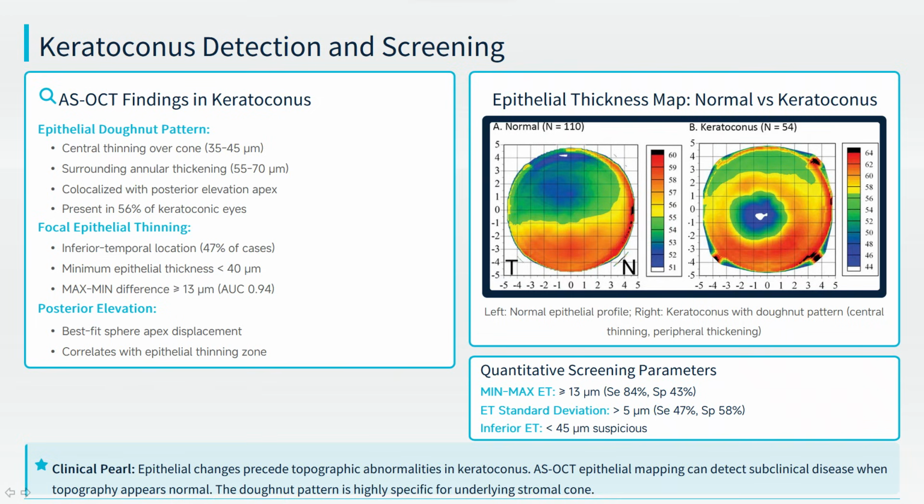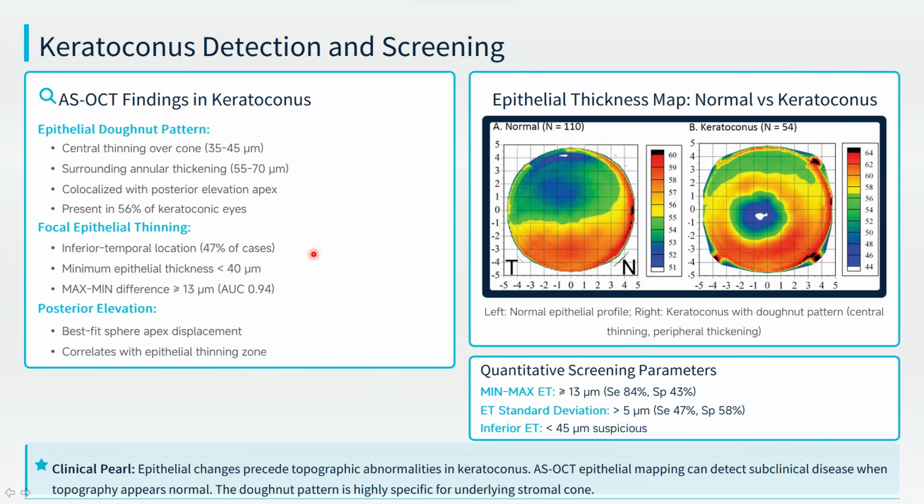So in patients with initially normal tomography or topography, there might be masking of the ectatic signature of this cornea because of this remodeling process. Epithelial mapping is useful in unmasking this remodeling effect of the epithelium and hidden keratoconus cases, especially forme fruste keratoconus and subclinical keratoconus.